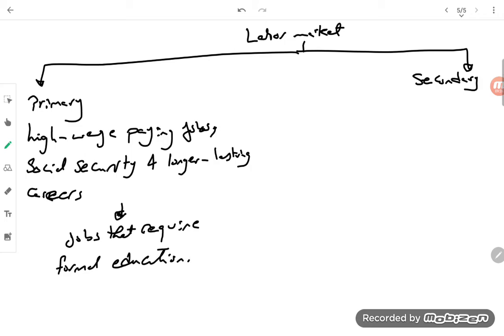While secondary market is a market consisting of high turnover, low paying jobs, part-time jobs, or temporary jobs.